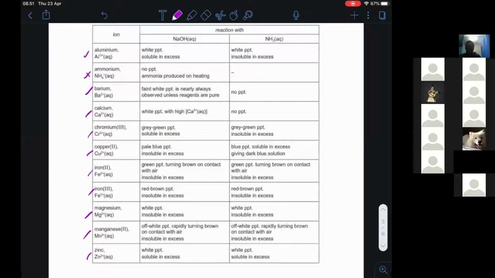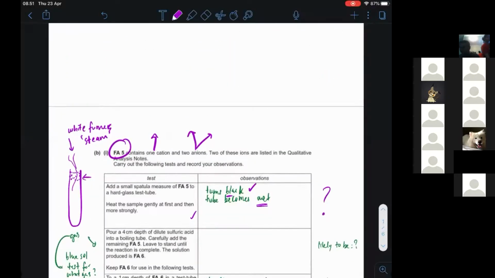So if you know that information, take note that it's not inside these notes, but if you know this observation, you can actually just say that it's going to be copper 2 plus. If you know that, that's why it's very important. But if you do not know, let's just put that you don't know. But I know the black might be copper oxide.